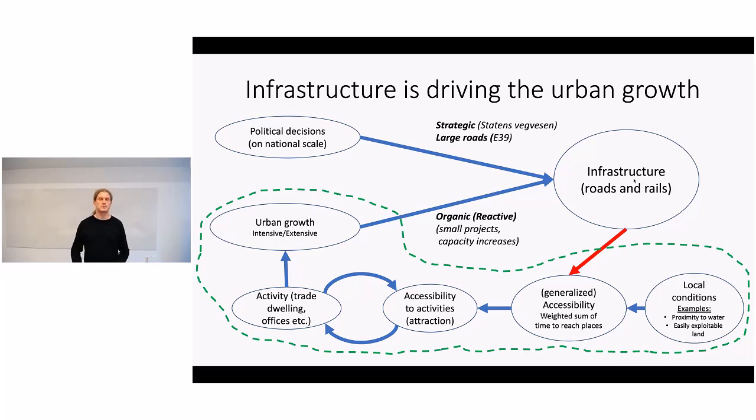Those are basically a starting point. Let's say you have very flat land, then it's possible to use all of that land and it's quite cheap to build. If it's a lot of mountains or clay, then it's harder and more expensive to build on that land. And then proximity to water.